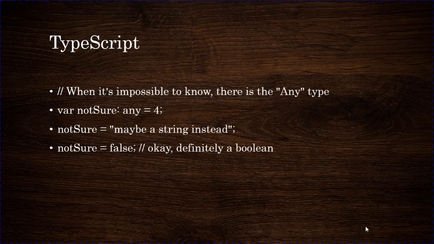There is a case when we do not know what the type is, then we can use any. For notSure, it may be a string instead, so in notSure you can put anything. You can also put a boolean if you declare a variable with any. So it smartly determines what the thing is.